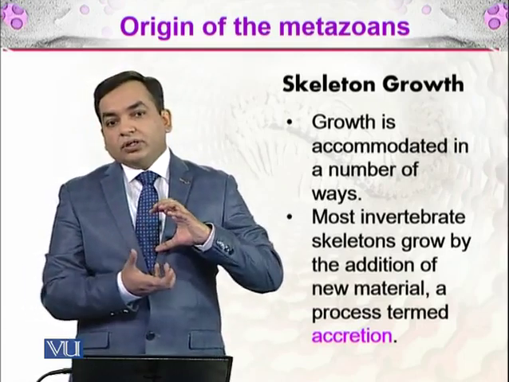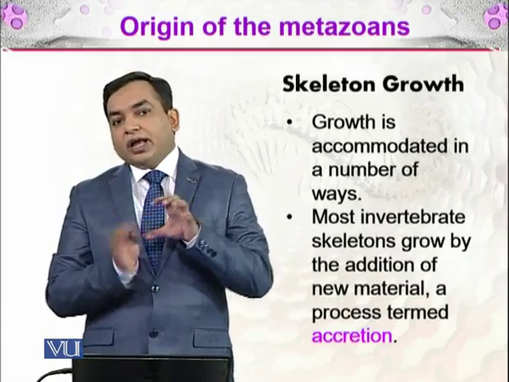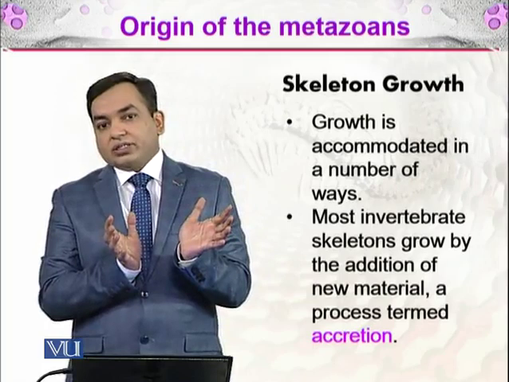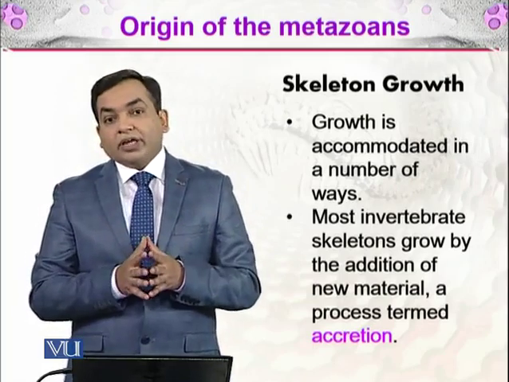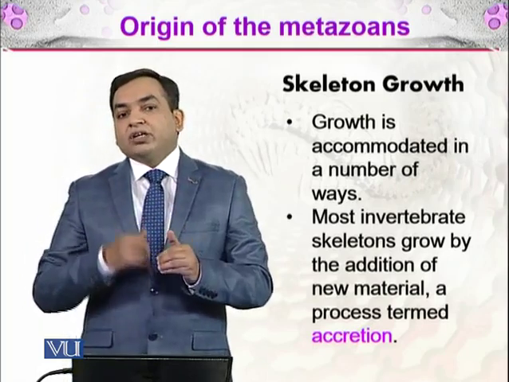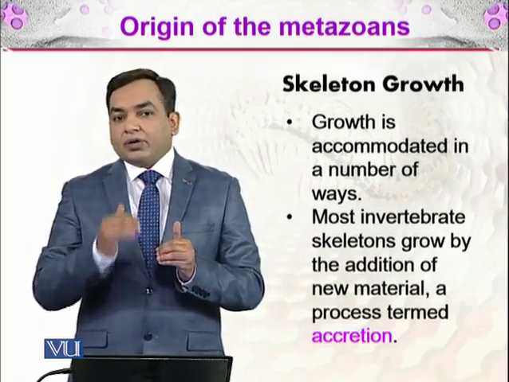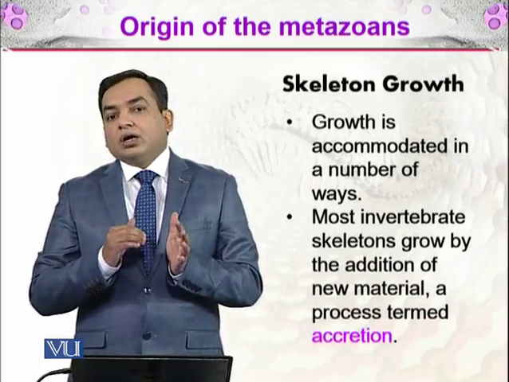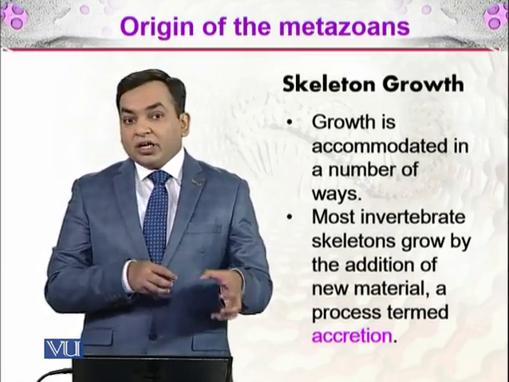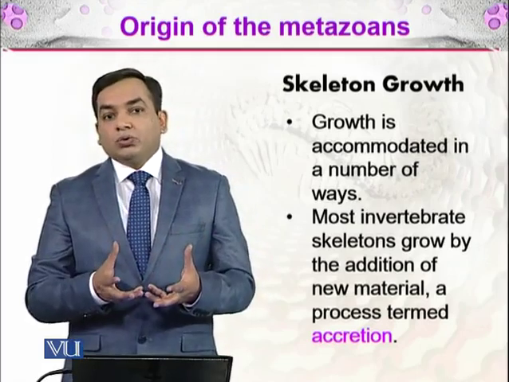The snail adds material at the end of the ring, and the ring will rotate and increase in size, right? It is called accretion. Accretion means increase over time, just increasing from time to time. It is not that the snail is shedding its skeleton and growing a new or bigger one.